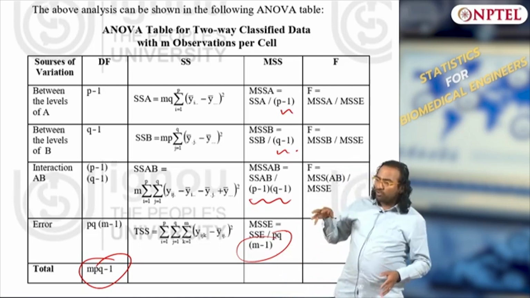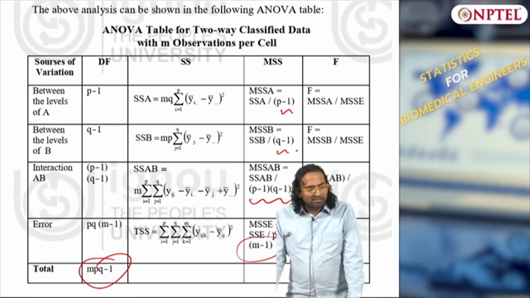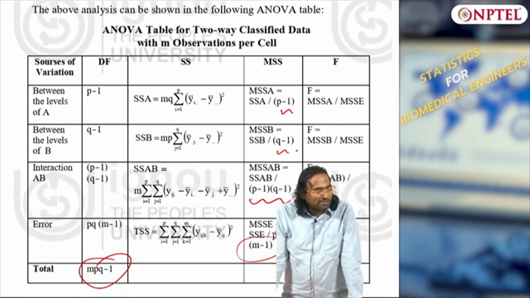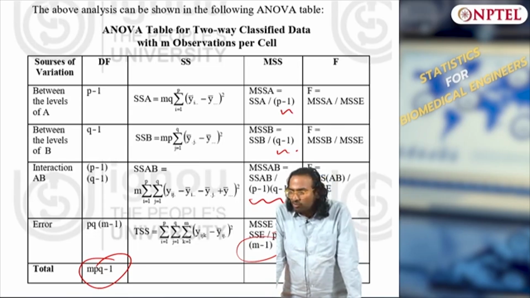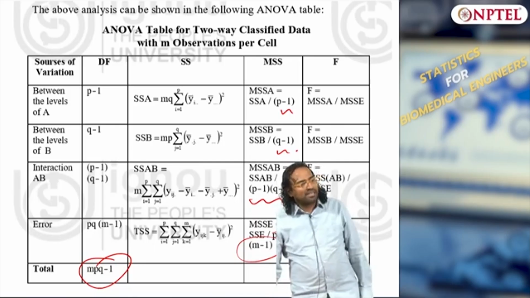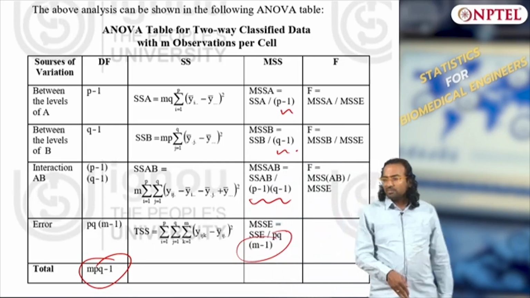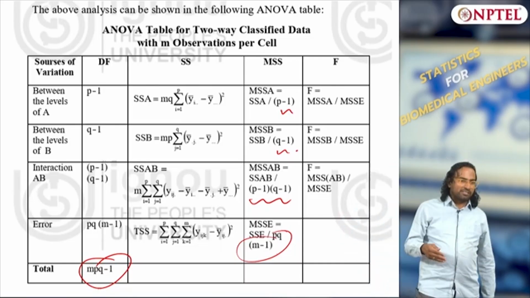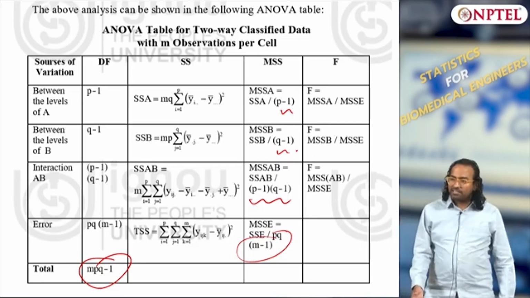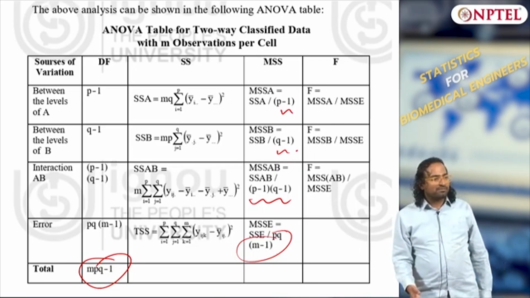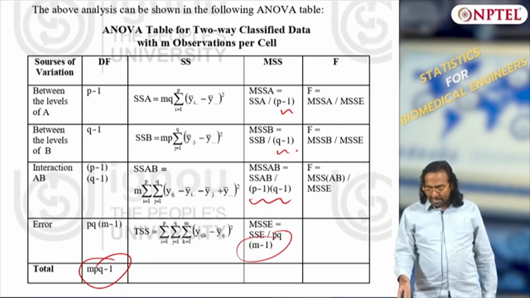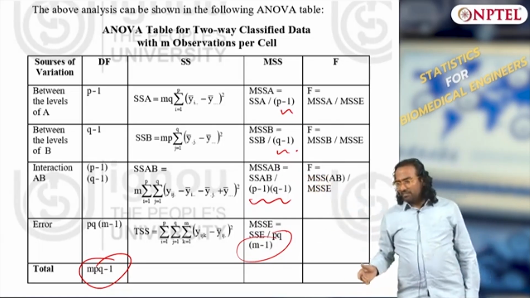So either you keep both the factors constant, that is ideal, and that will lead to a pure replication. But sometimes you cannot keep both constant, you can keep only one constant, and that will result in a change of degrees of freedom of error. We learned what the different kinds of replications are. Here what have I considered? I have considered ideal replication, that is why P minus 1 into Q minus 1 degrees of freedom. If something is not replicated exactly, then that degrees of freedom will change.